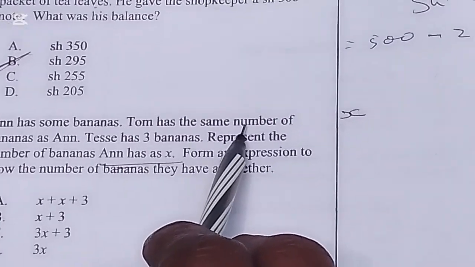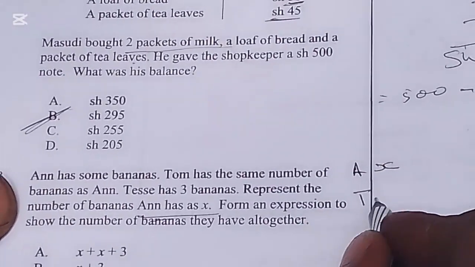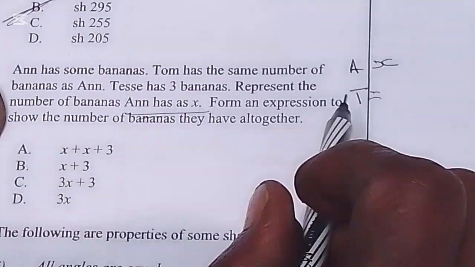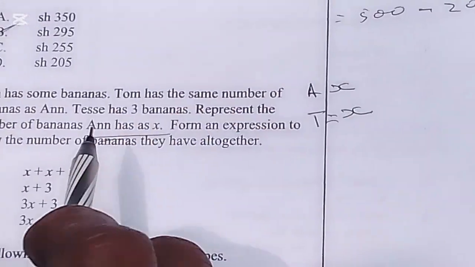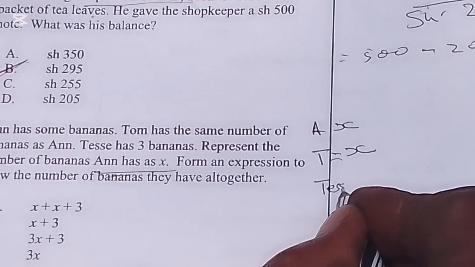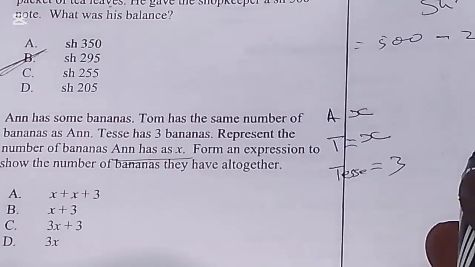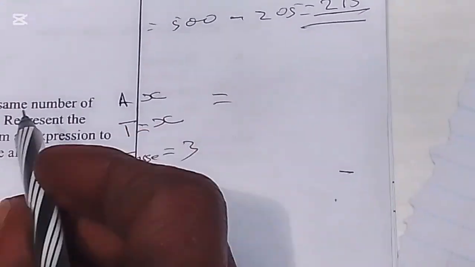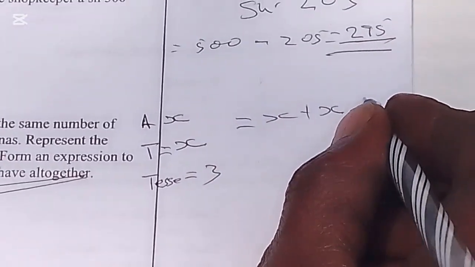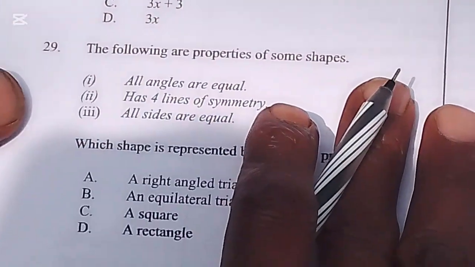Tom has the same number as Anne. Then Kpsea has 3. You form an expression to show what they have all together. This is x plus 3.